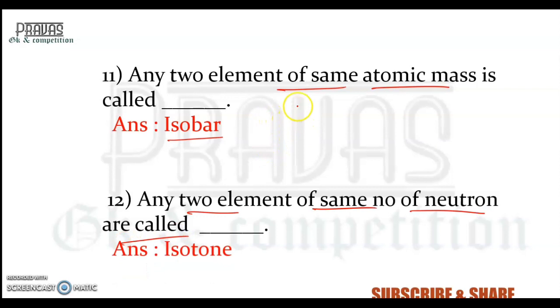Remember, I am repeating again: if the atomic number is the same, then these are called isotopes. If atomic masses are the same, these are called isobars. And if neutrons are the same, these are called isotones.